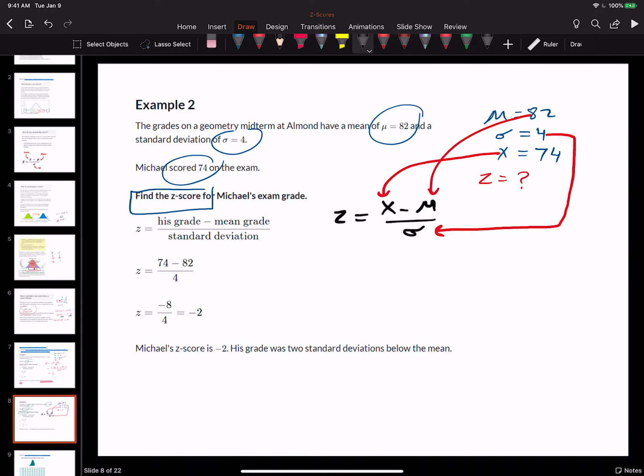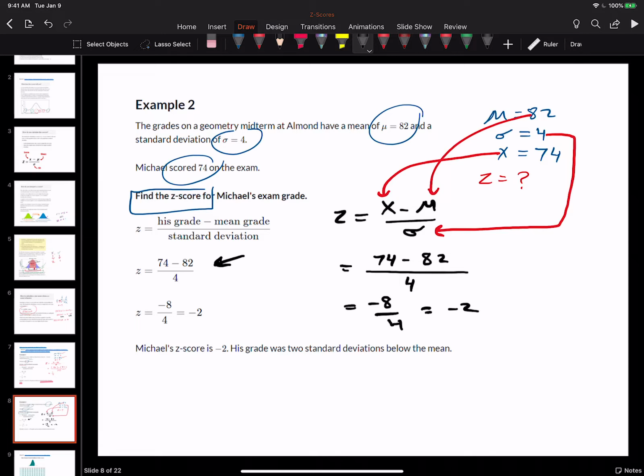So we have 74 minus mu, which is 82, over sigma, which is 4, which you could see right here, it agrees. Simplifying, 74 minus 82, that's negative 8 over 4, which is negative 2.